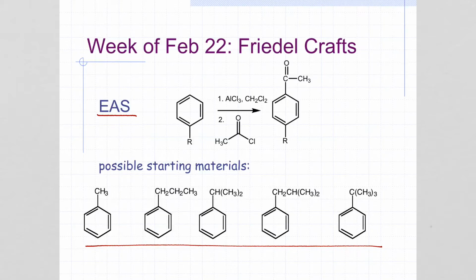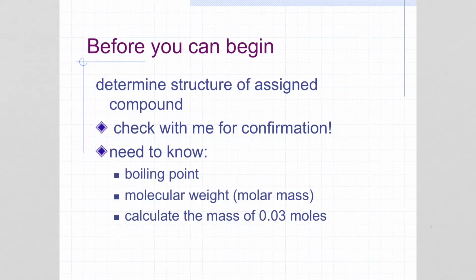And so what you have to do is look at the NMR spectrum and determine which of these possible starting materials you have. Once you determine the structure of your assigned compound, be sure to check with me for confirmation, and you'll need to look up things like the boiling point.